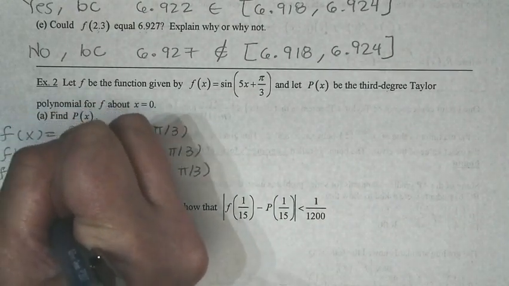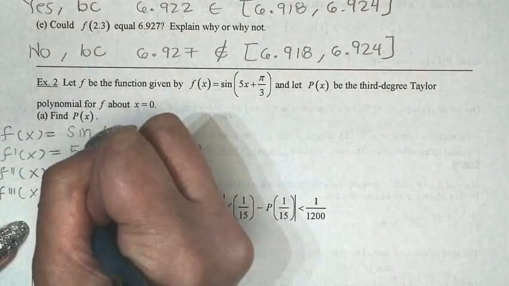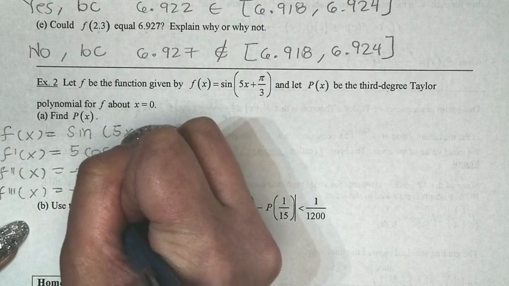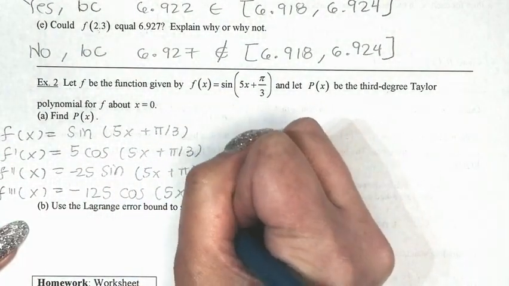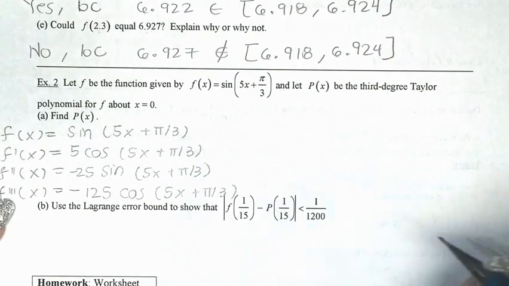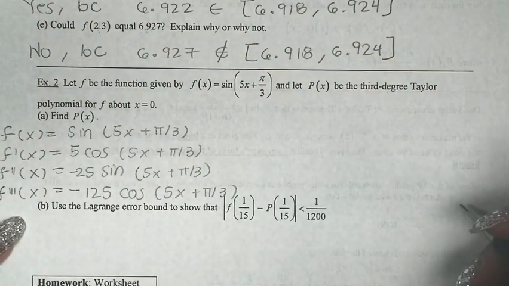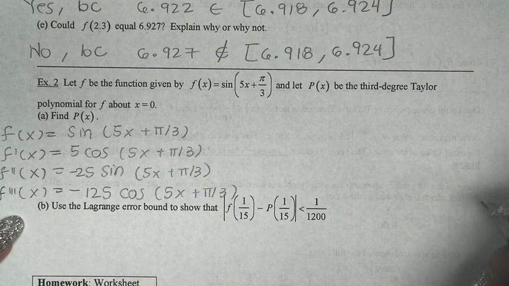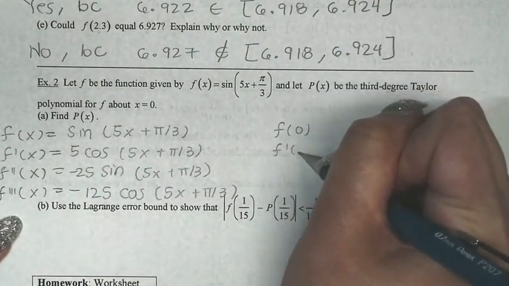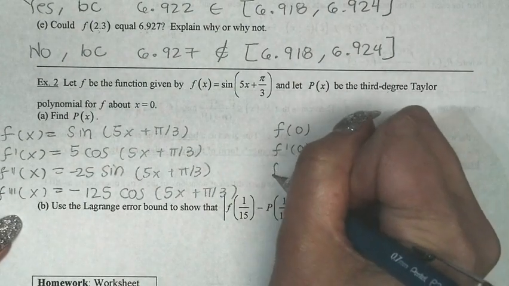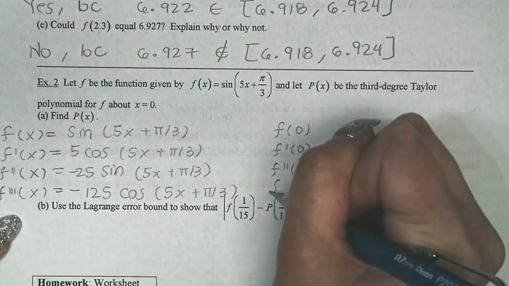Okay, so here I have the third derivative, which is negative 125 cosine of 5x plus pi over 3. But that's not it. You have it centered at 0, so I want to evaluate each one of these derivatives, or the original, whatever is the case, at 0.